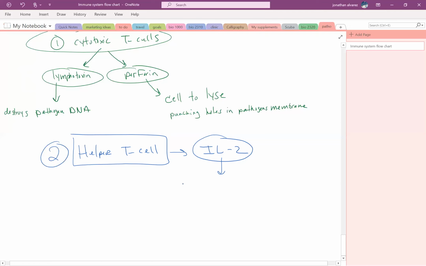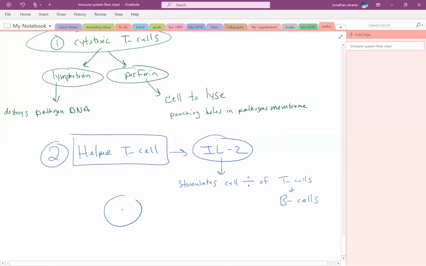Okay, stimulates cell division of the T cells and the B cells. Okay.